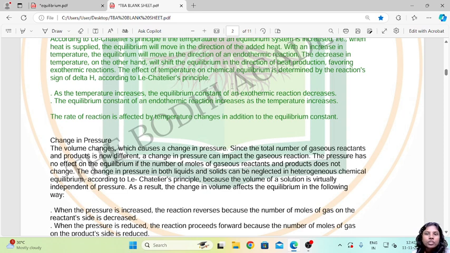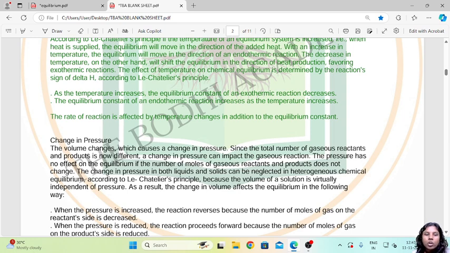The effect of temperature on chemical equilibrium is determined by the reaction's delta H. If delta H is positive, the reaction is endothermic. If delta H is negative, the reaction is exothermic. In the same way, if the temperature increases, the equilibrium constant of an exothermic reaction will decrease.